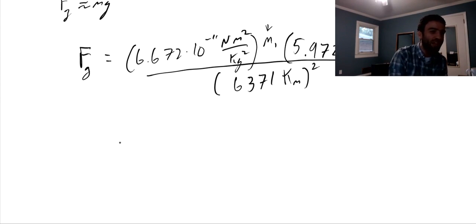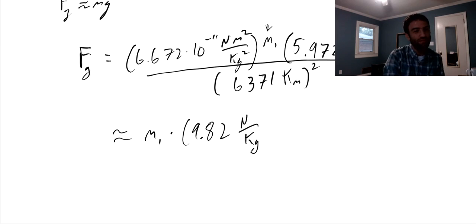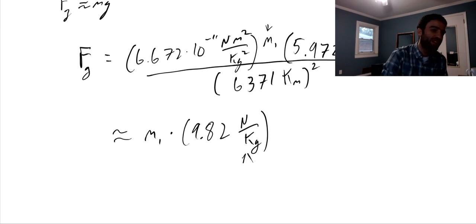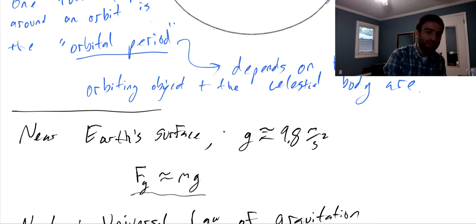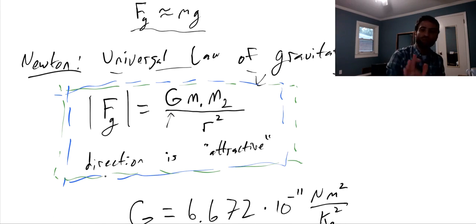If you multiply those numbers together and keep track of all your units, what you end up with is that the force of gravity due to the Earth acting on an object whose mass is m1 is m1 times 9.82 newtons per kilogram, also known as meters per second squared. Right? And so there you go. That's how our estimate for how gravity works near the surface of the Earth stems from this much more general universal law of gravitation.